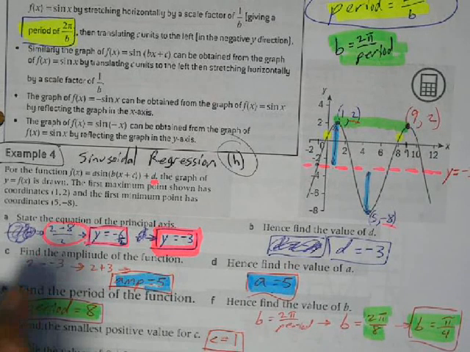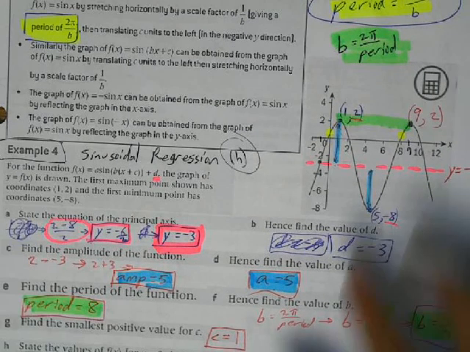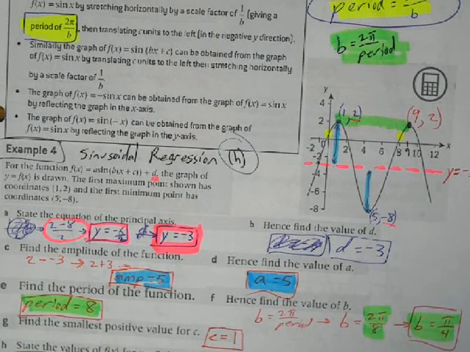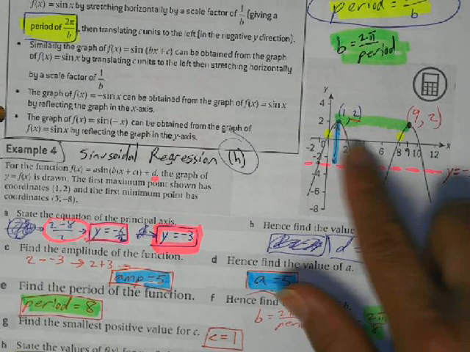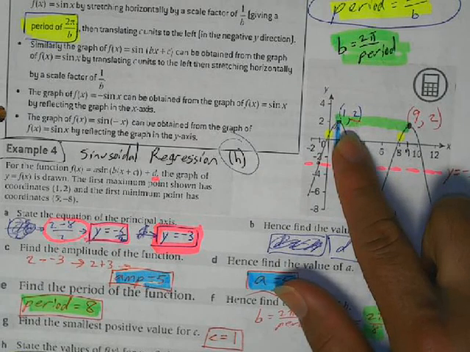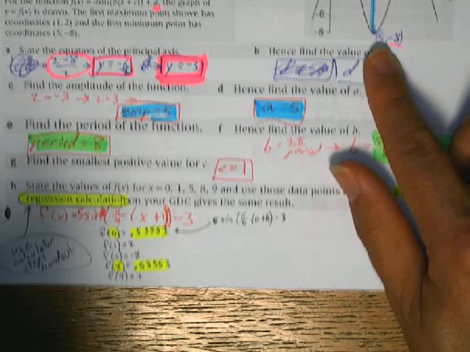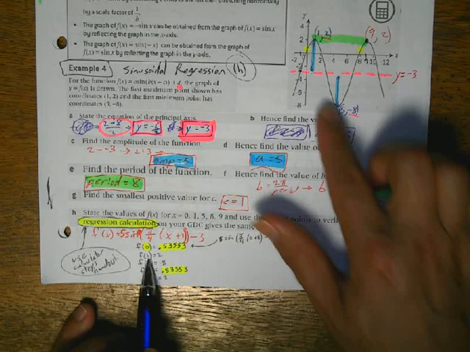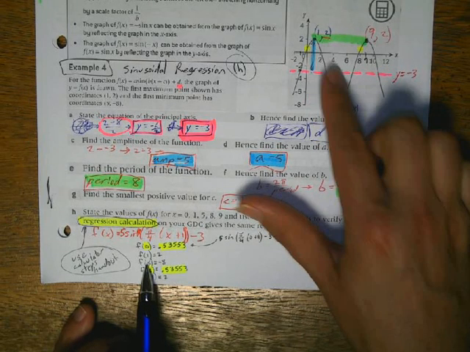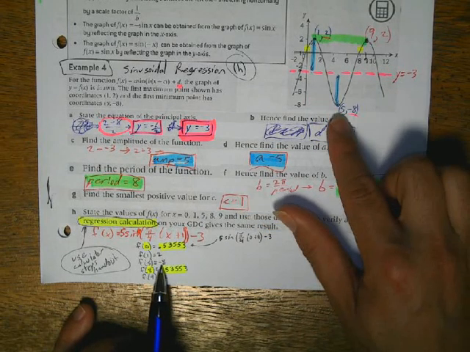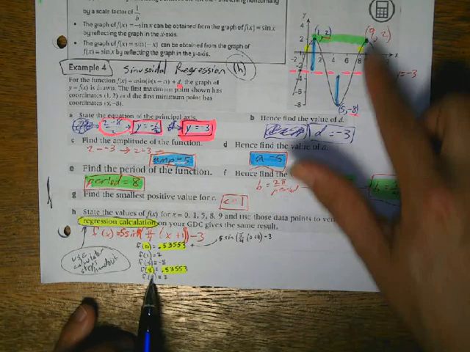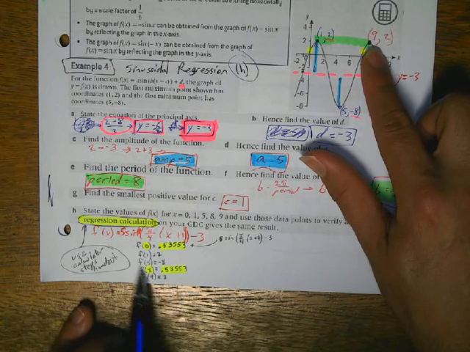First, we have to figure out what y is when x is 0. We know when x is 1, we're at 2. When x is 5, we're at -8. When x is 9, we're back at 2. So we need to figure out these here.